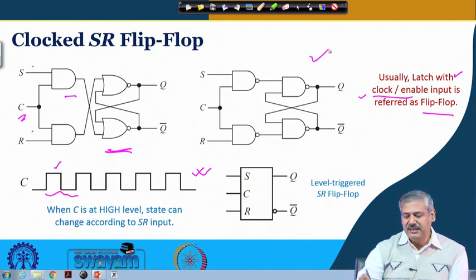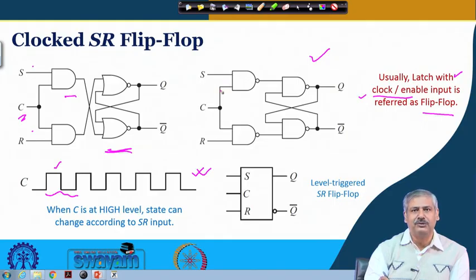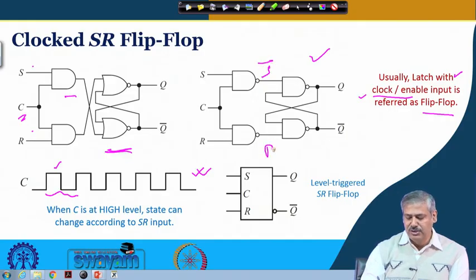And for the NAND based circuit, we remember that this was a NOT gate, right, two inputs of the NAND gate were put together to get S and R, otherwise this was S bar and R bar, right. So, we can now use the other input of the NAND gate to put the clock, okay. And we can see if the clock is 0, this output will be 1 1, these are the forcing inputs for the NAND gate.